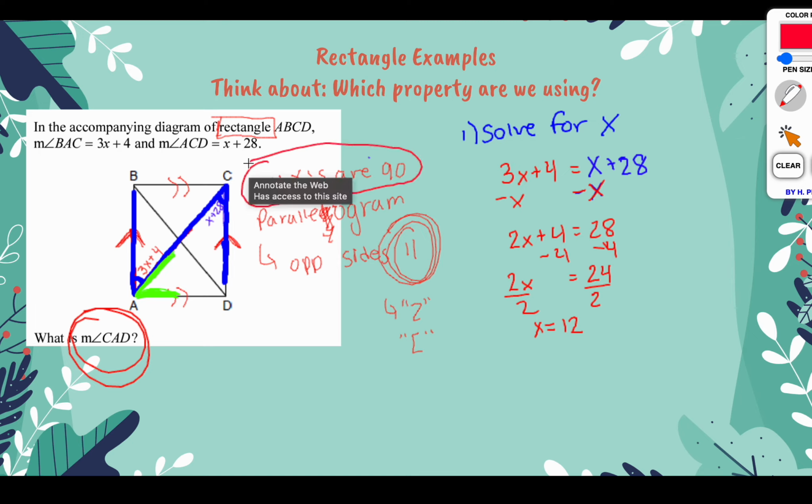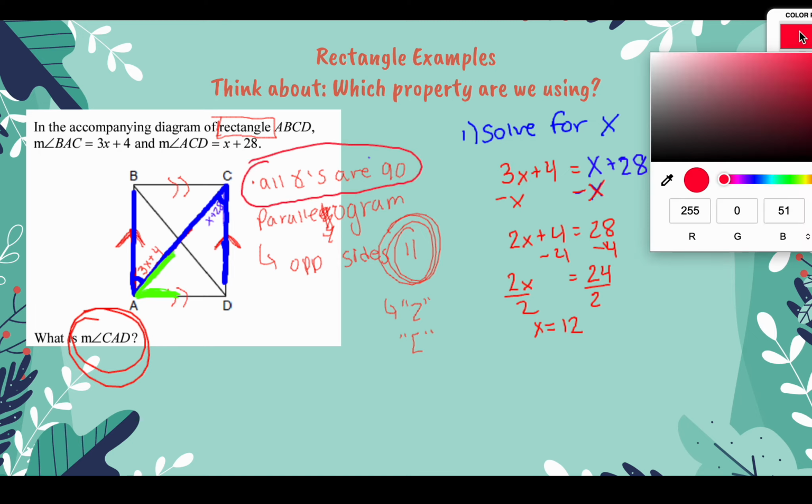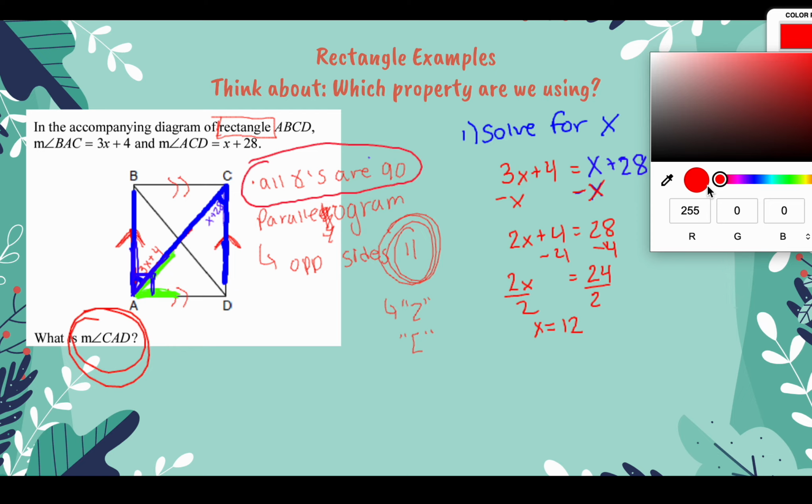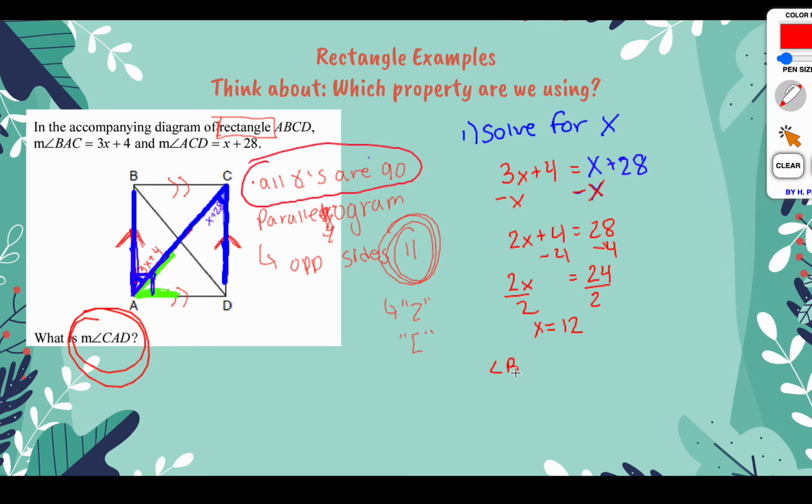I know that this angle right here and the green angle that we've just highlighted together need to make 90 degrees. I know x is 12, so I can actually find angle BAC.